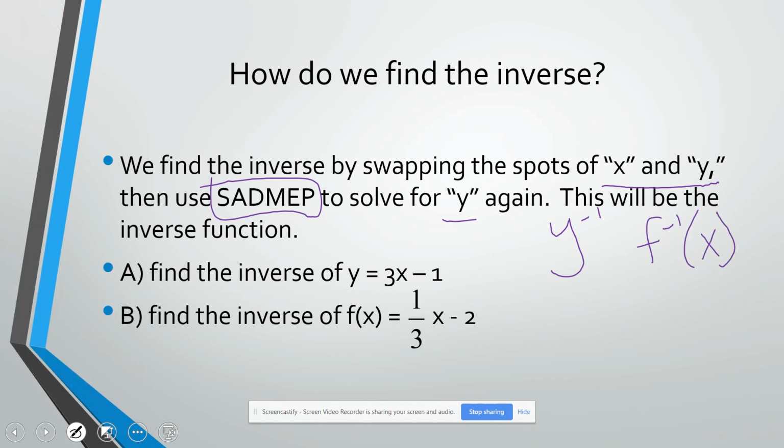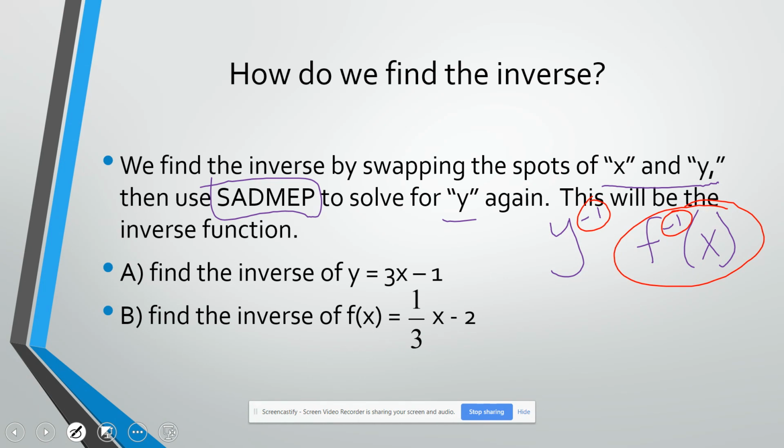This negative first means I'm an inverse. I'm an opposite. Somebody did some math, swapping some stuff around, and found out that I'm the opposite exactly of another equation. So when we're all finished, this is the notation that we will use for that.